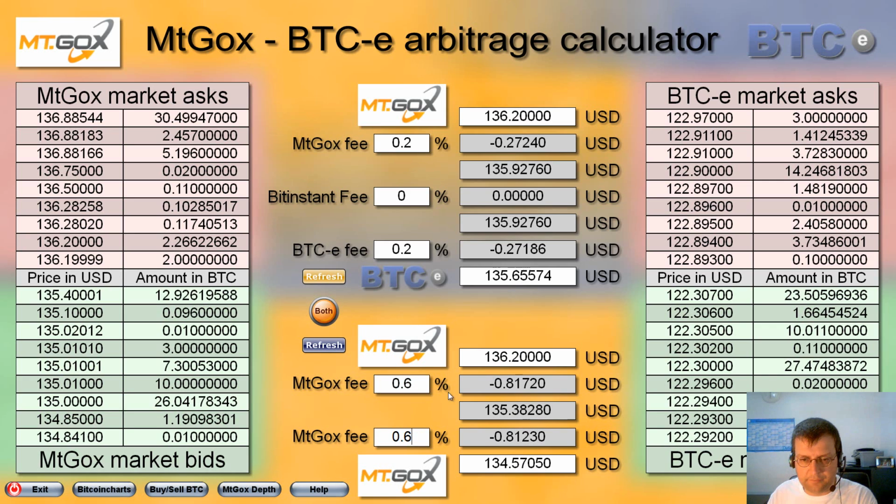So at the moment, if you have a trading fee of 0.6% at Mt. Gox, you will have to pay a trading fee of 81 cents for one Bitcoin, and for buying back bitcoins again, you will have to pay another 81 cents.